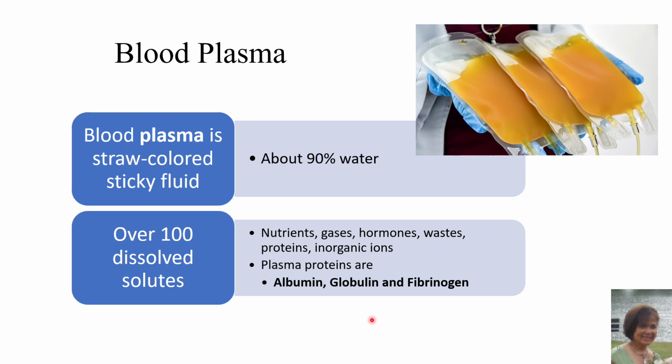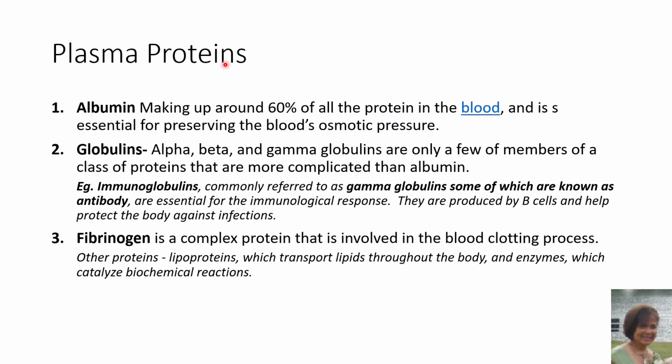The reason we keep blood inside our body is because it is being kept in by the oncotic pressure of the protein albumin. And here you are, that's your plasma protein.